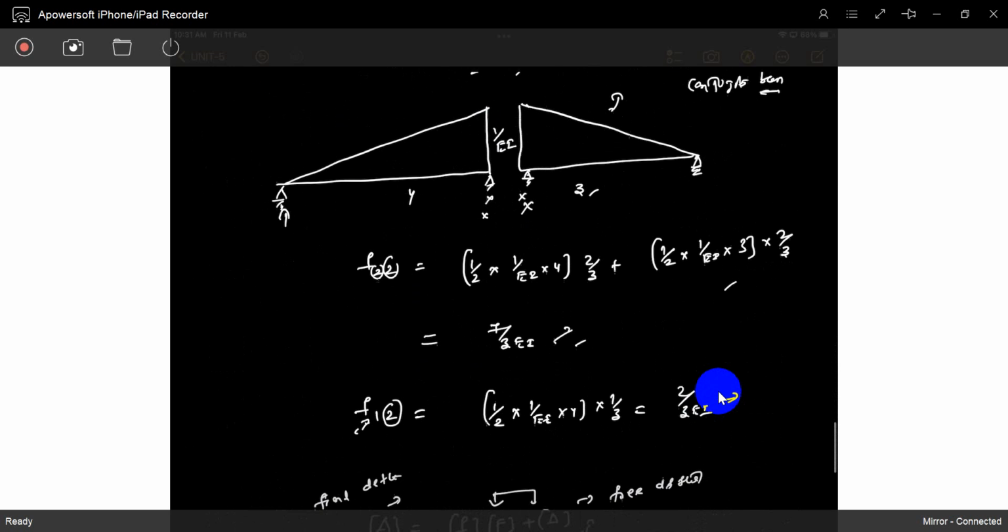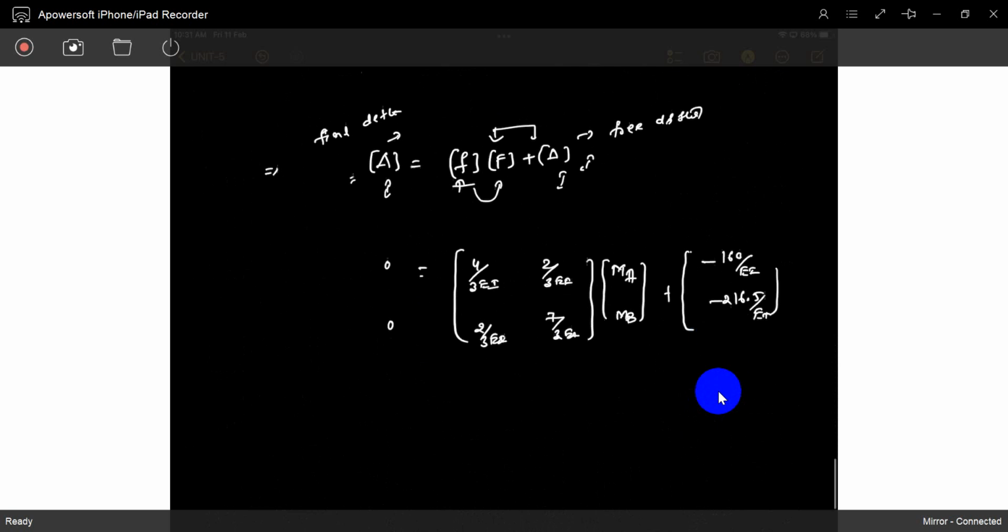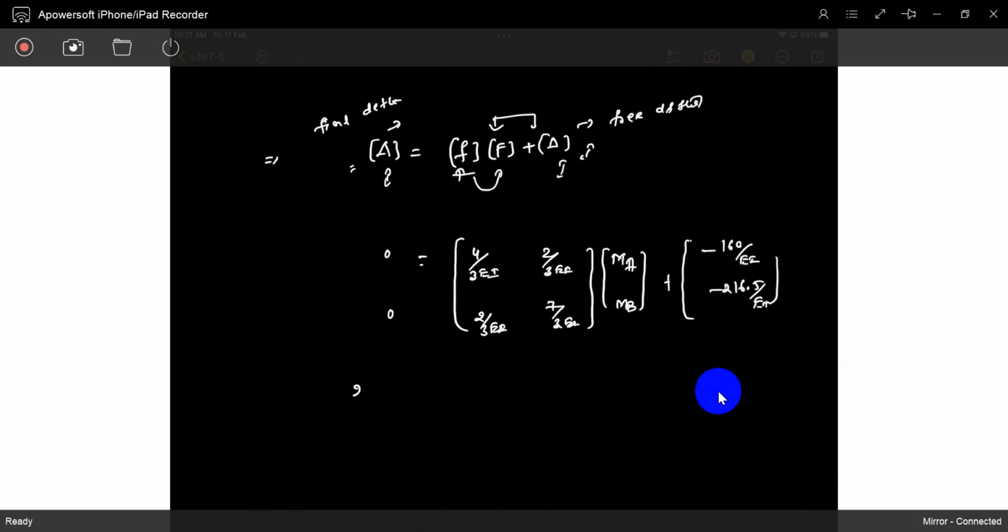So I write this as negative 160 by EA, 216.5 by EA equal to 0. Now the flexibility matrix for MA and MB is 160 by EA, 216.5 by EA.